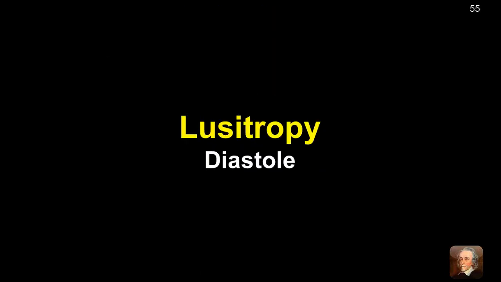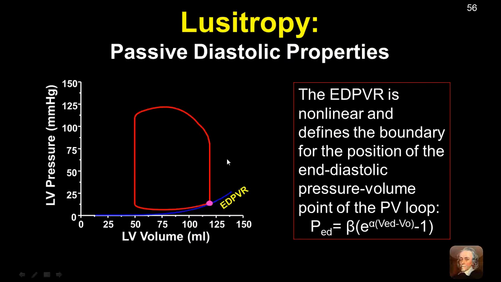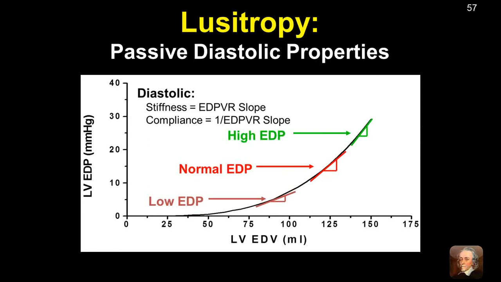What about diastole? Again, the passive properties of the ventricle are described by the end diastolic pressure-volume relationship, and I've already shown an example of one of the equations used to define that relationship.